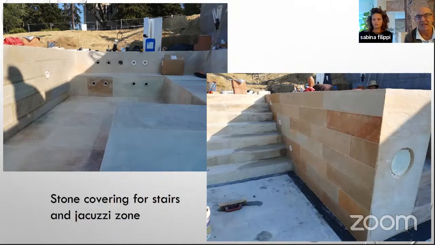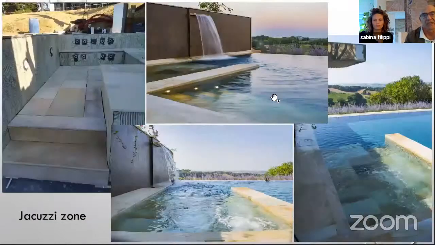Classic style means the use of this regular form, and the cover of the bottom of the pools. Nature means that we have used this kind of rocks with this color that is the same as the nature of the surroundings.